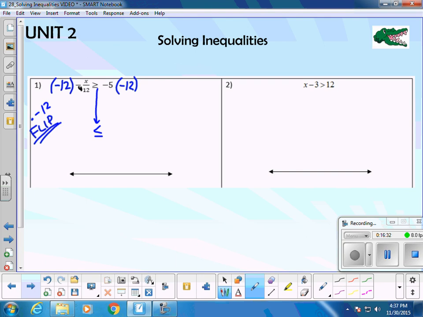You're going to forget to flip your sign, or you're going to make a small error with your calculations with the integers, but this is probably the biggest mistake that everybody makes. So if I'm multiplying by negative 12, these cancel, and I'm left with just x here. 5 times 12 is 60. And if I have a negative times a negative, that equals a positive, so I just leave it at 60.